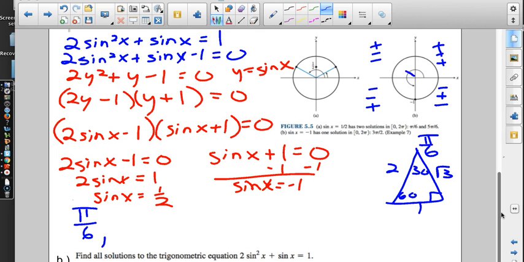So if we put our little pi over 6 over here, what would be the correct label for that? 5 pi over 6. Any chance we could find a sine of x as a positive 1/2 in quadrants 3 and 4? So we're not even going to look there. We know that. These are the 2 we needed.